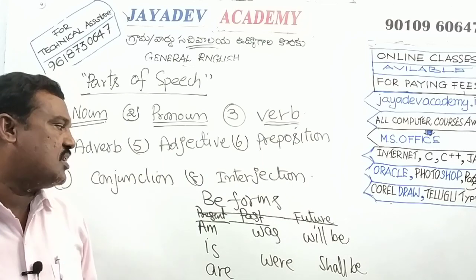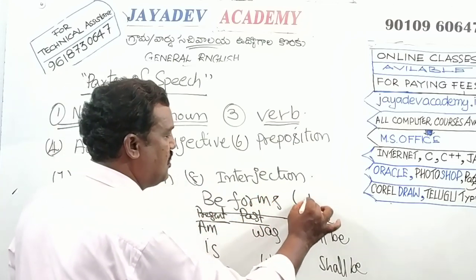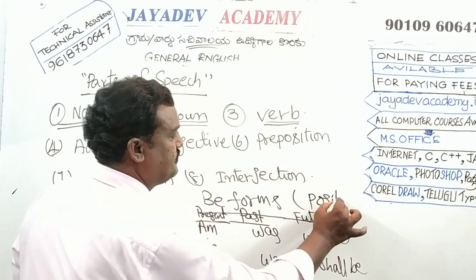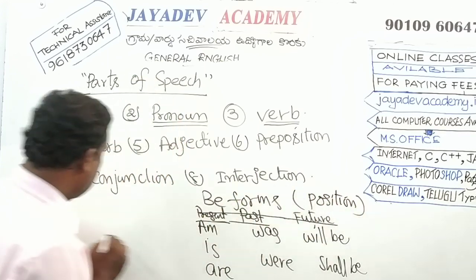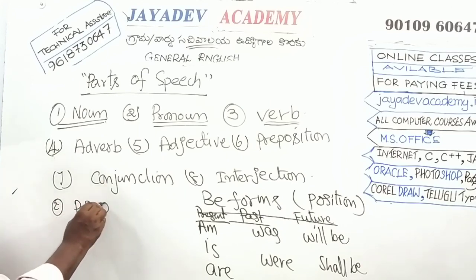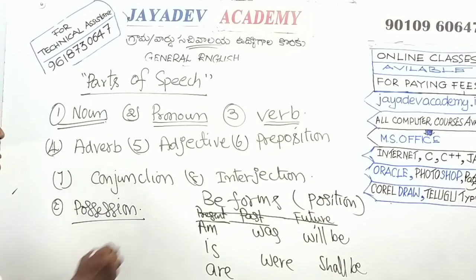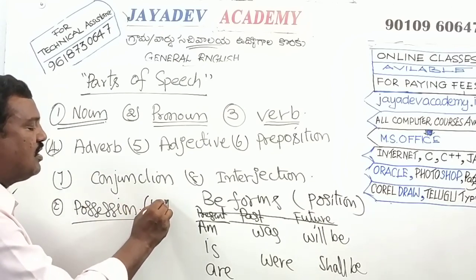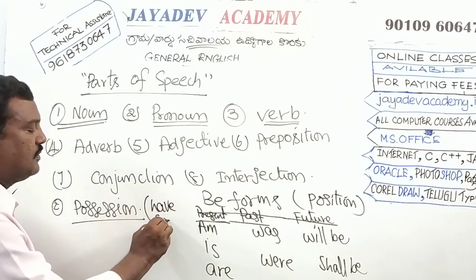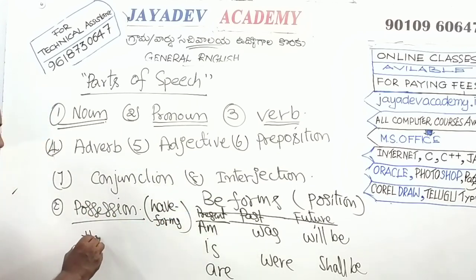Now the second part of the verb is possession. Possession means have forms. What are the have forms?